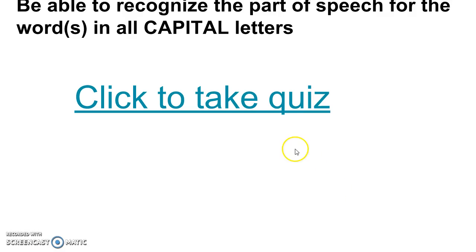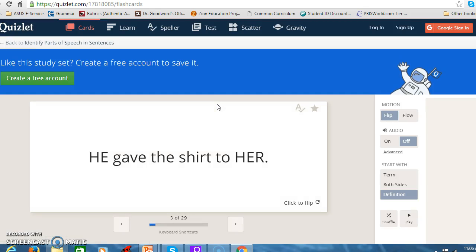Now it's time to take a quiz to see if we can actually identify many of these parts of speech in regular everyday sentences. So identify which part of speech the capitalized all caps words are. What about the first one?